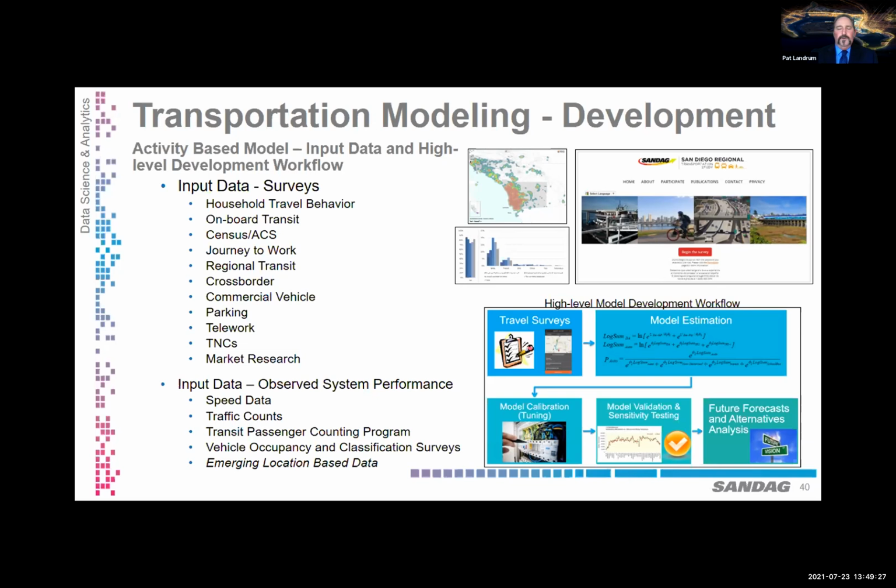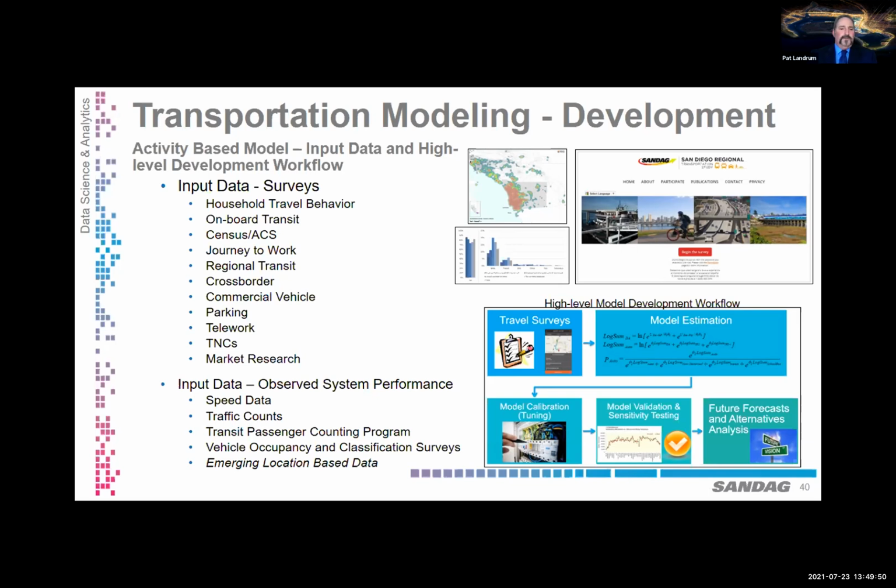Under that 1-year contract, we are looking at evaluating how we augment, complement, or replace some of these data sources that are very, very expensive, very, very labor intensive to acquire and produce. So we're really focusing a lot on some of that emerging location-based data.